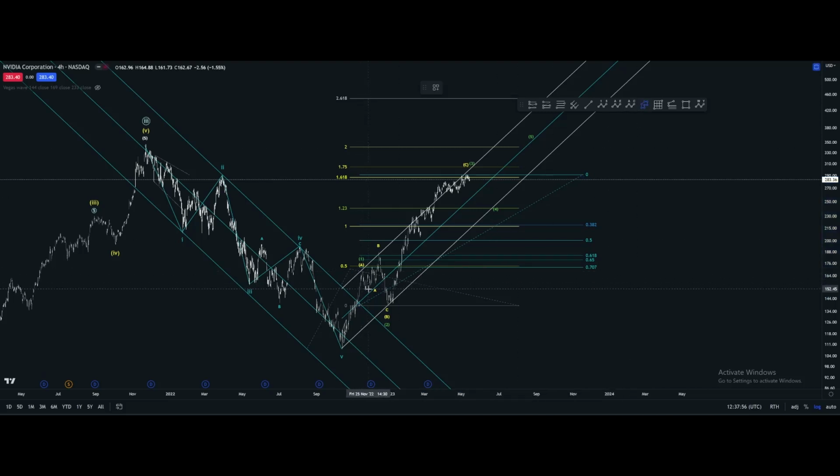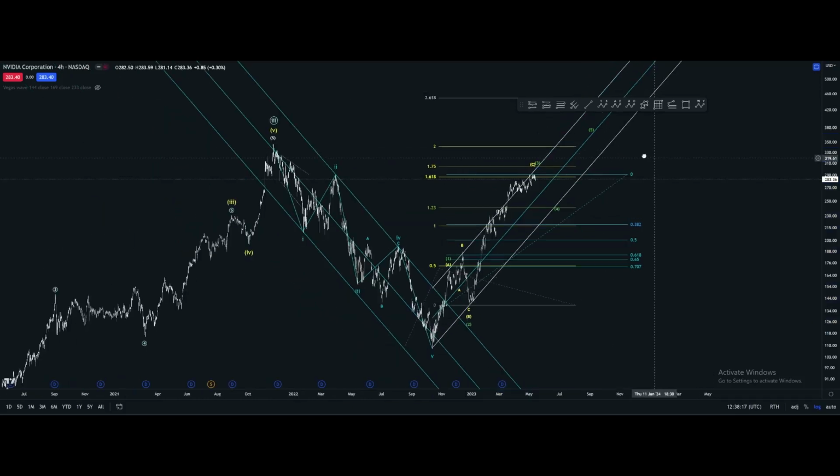So since this one, in my opinion, was sideways, we might expect a sharp drop in wave 4. And then you could have your wave 5 and some money.